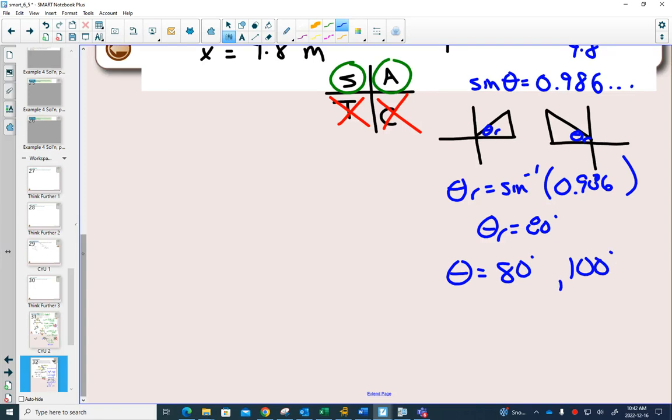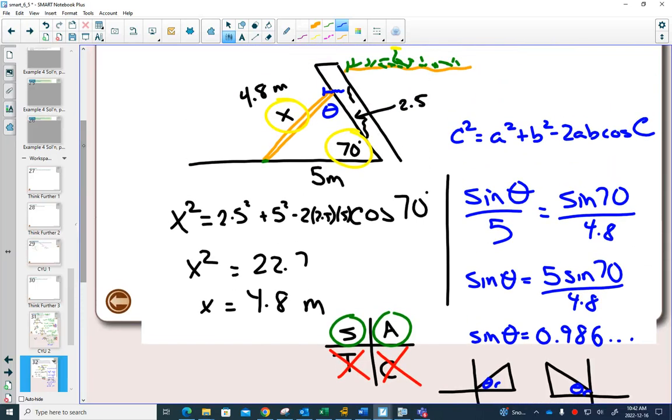Let's go to our picture, see if they both make sense. 80 degrees. Or 100 degrees. Do they both make sense?